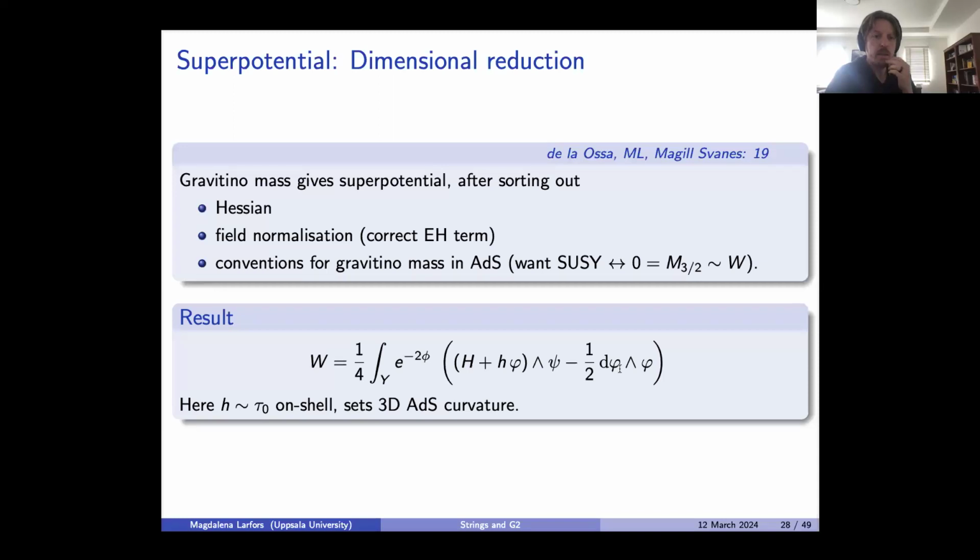Right, and what you're talking about is the bosonic sector of that, which is normally all you're looking at, because that gives you your equations of motion for the bosonic fields. Now, in order to find the superpotential, since the superpotential is given by the gravitino mass, and the gravitino is a fermion, we need to look at the fermionic part of the 10D action. And that is what goes into this dimensional reduction to the superpotential. So maybe that, I see.